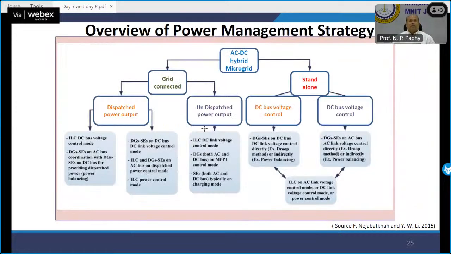Now we'll see the different power management strategies. So when you have an AC-DC hybrid microgrid, we have two major categories.